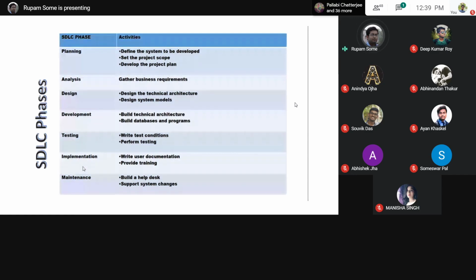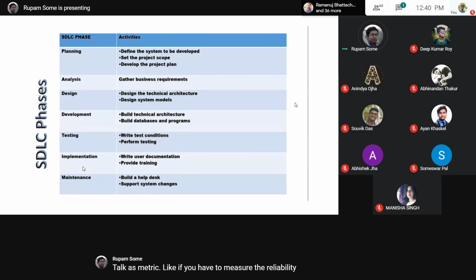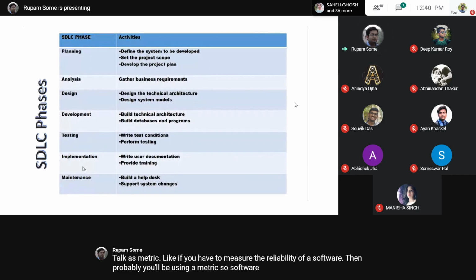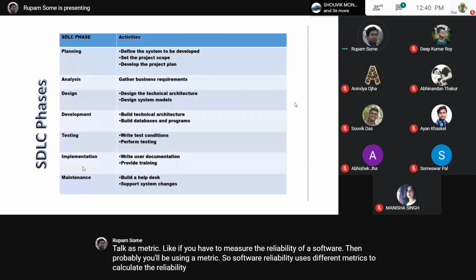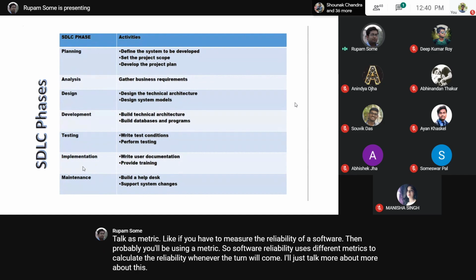These are metrics. In the software industry also, there are several things that cannot be measured by using the conventional units. They are to be measured by using some non-conventional parameters, and they are marked as metrics. Like if you have to measure the reliability of a software, then you'll be using a metric. So software reliability uses different metrics to calculate the reliability. Whenever the turn comes, I'll talk more about this. I hope it is clear.